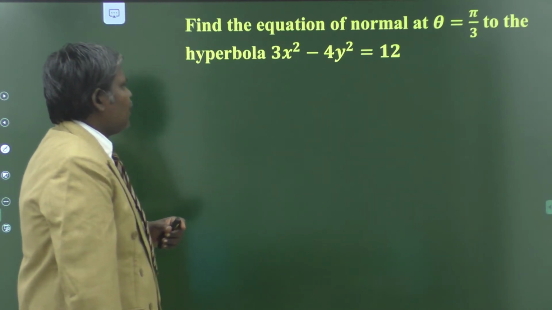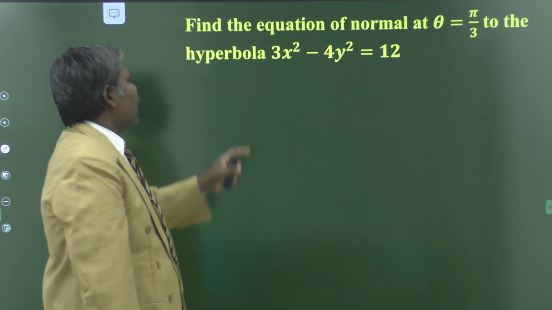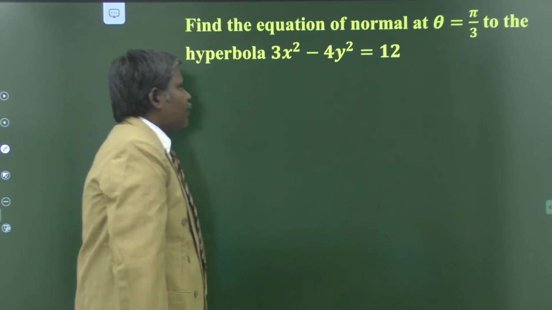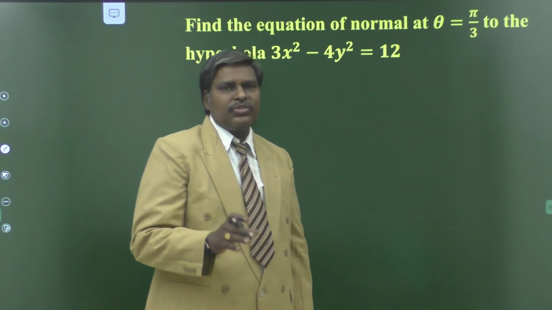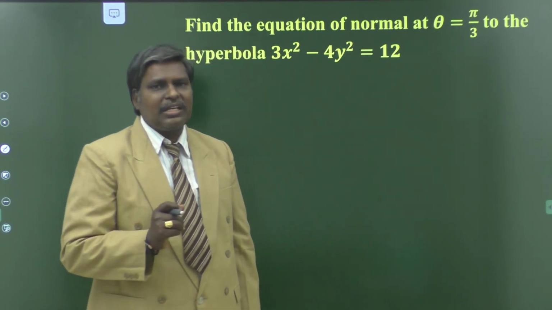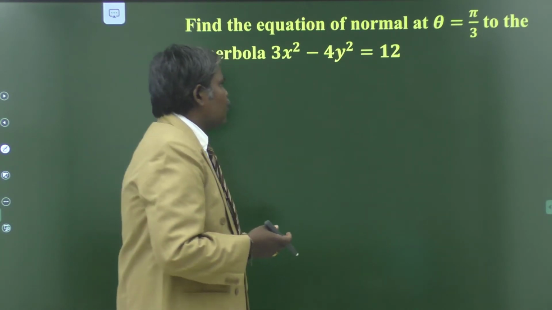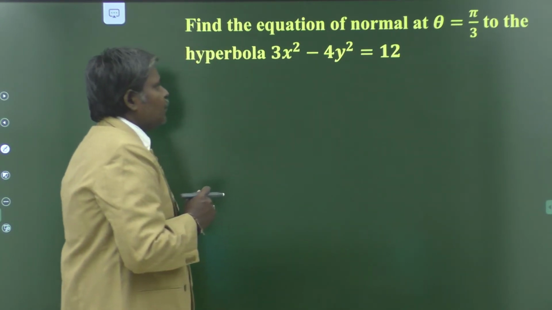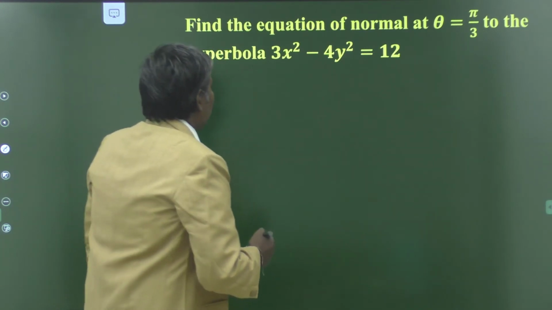Find the equation of normal at θ = π/3 to the hyperbola 3x² − 4y² = 12. These are very basic questions related to the tangents and normals of the hyperbola, my dears. So it is also a very basic question. You have to find the equation of normal at θ = π/3 to your hyperbola.